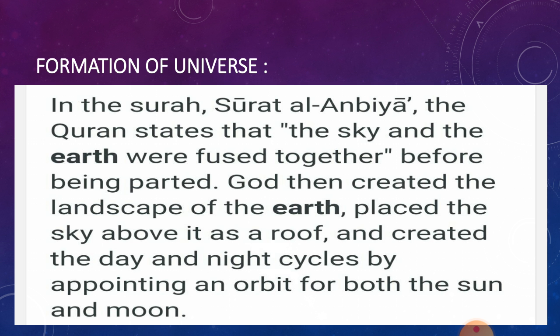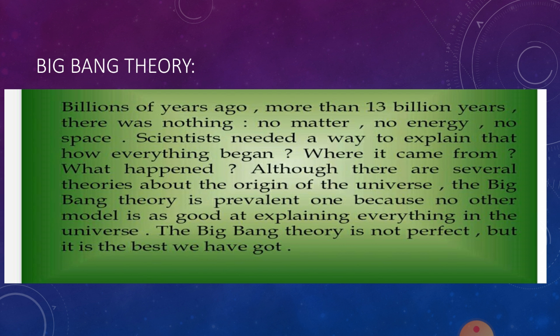Then the day and night cycles were created by the movement of the sun and moon in their orbits. This gave us much detail about the formation of the universe. The main points are that the sky and the earth were fused, and life started from a single point. Clear? So come towards the scientific theory.